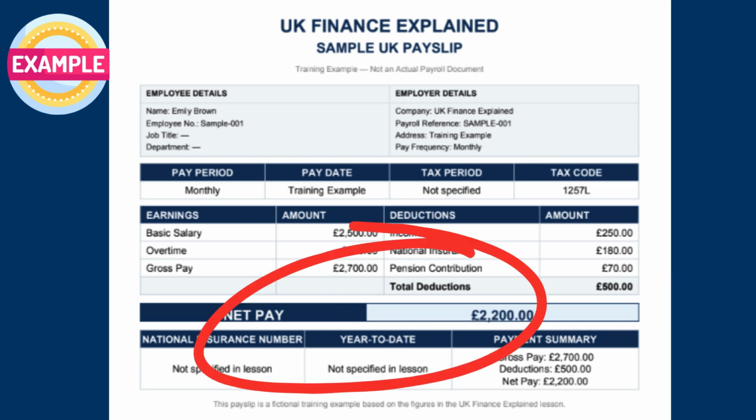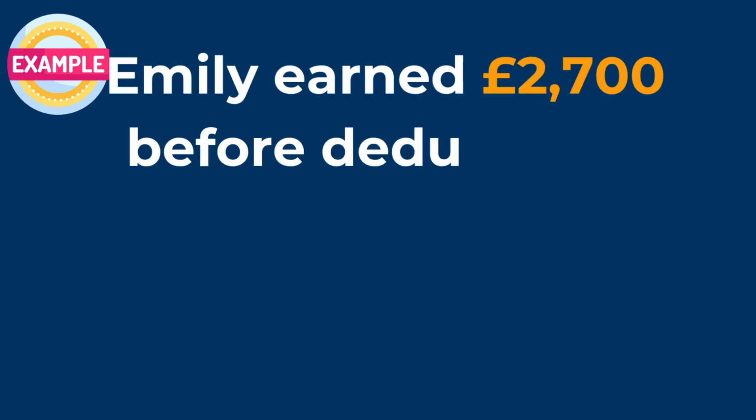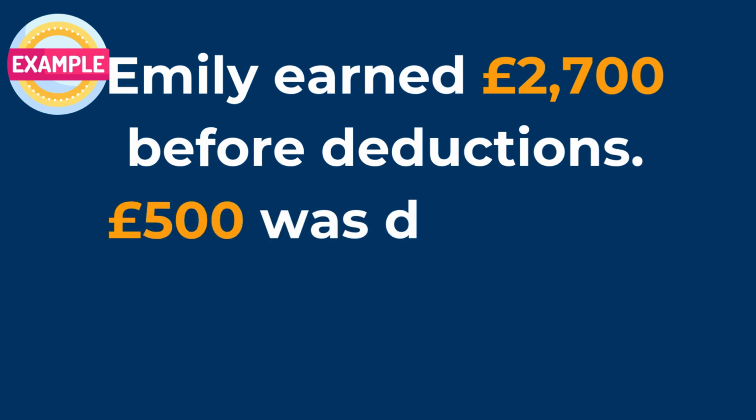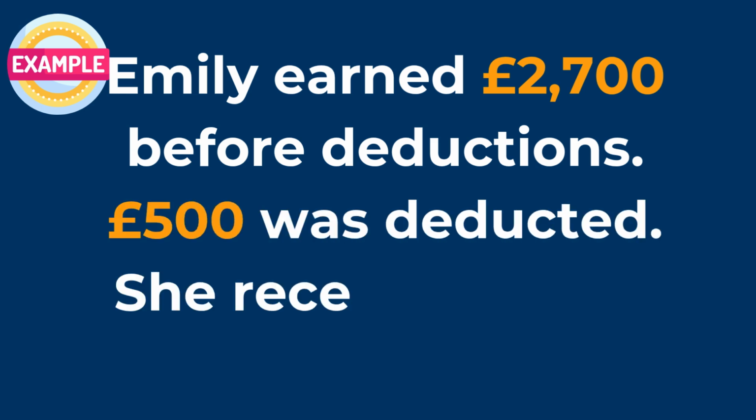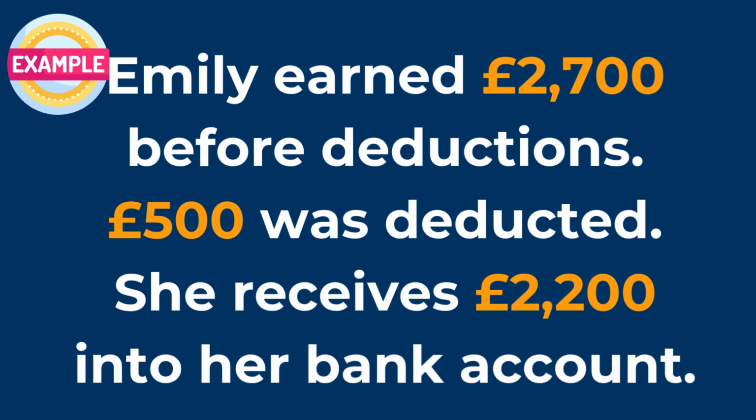Now with the net pay, remember the formula: gross pay minus deductions equals net pay. So with gross pay being 2,700 and deductions 500, her net pay is £2,200. So this tells us that Emily earned £2,700 before deductions, 500 was deducted, and she received 2,200 in her bank account.